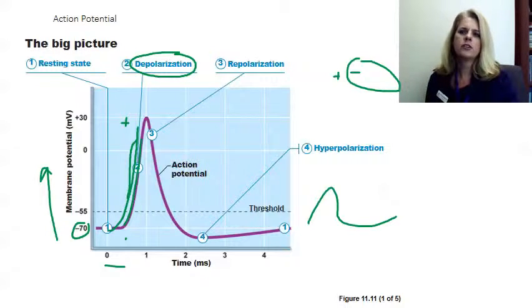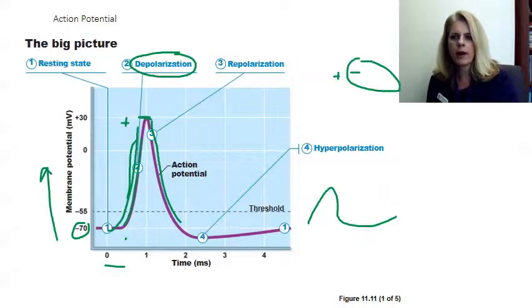It finally reaches a peak of inside positive, and at that point, some channels close, and we're going to talk about which channels do what. Some open and some close, and then the membrane potential repolarizes. That means it starts to become more negative again. Then it takes a downward turn where it overshoots and becomes really super negative, and we call that hyperpolarization.